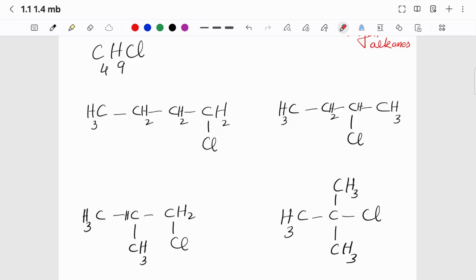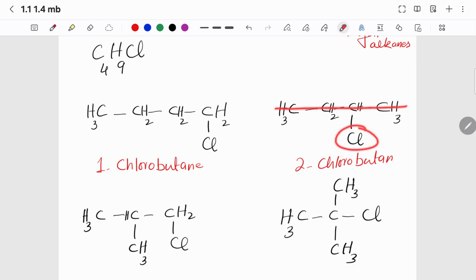Okay, so the name for this would be 1-chlorobutane, because at position 1 chlorine is being attached. This is 2-chlorobutane, because at position 2 the chlorine atom is attached and it's a butane.